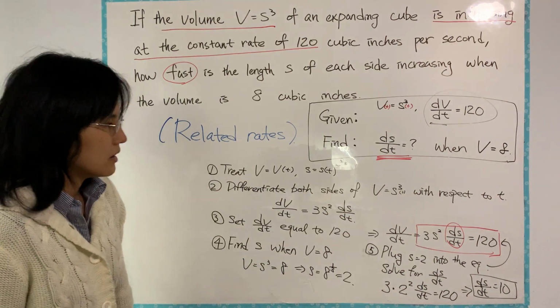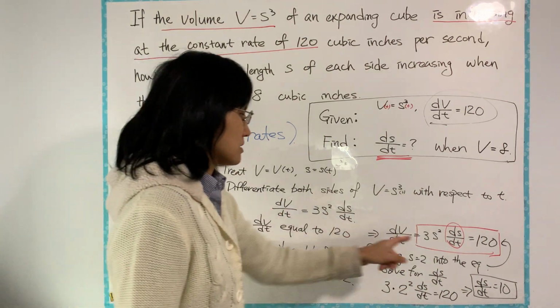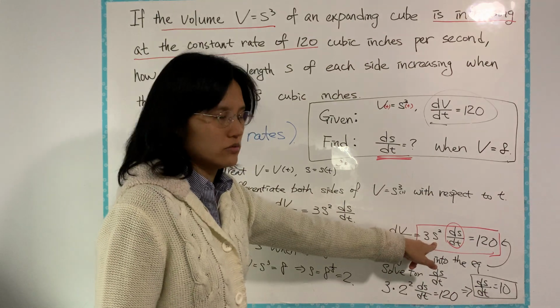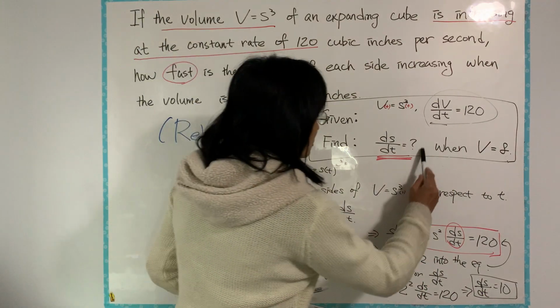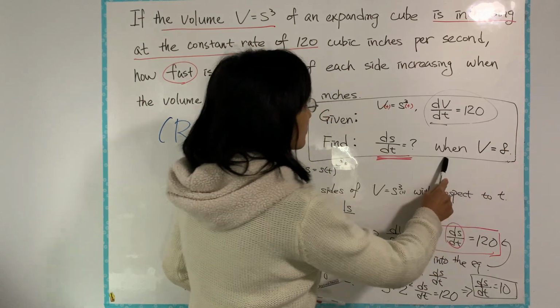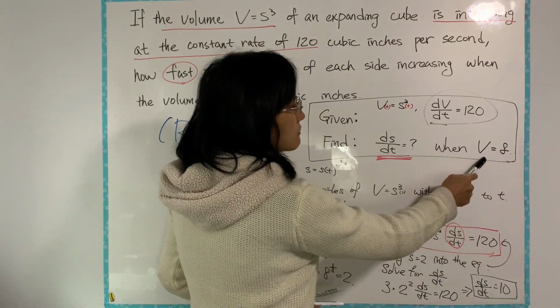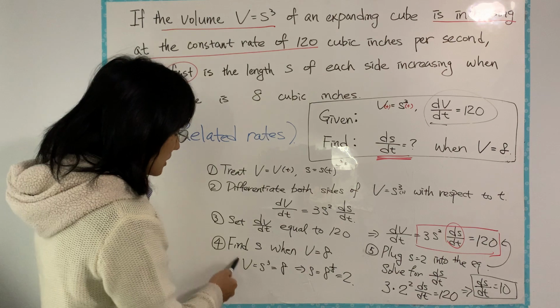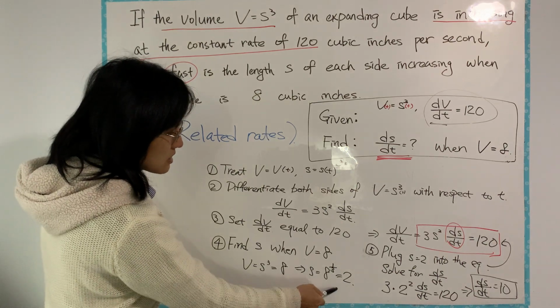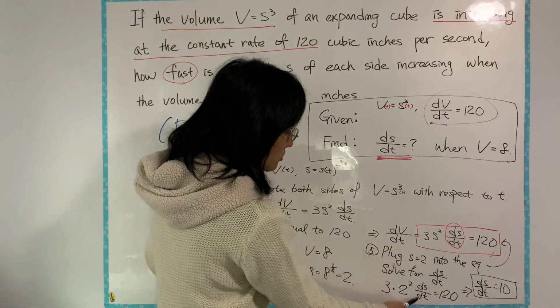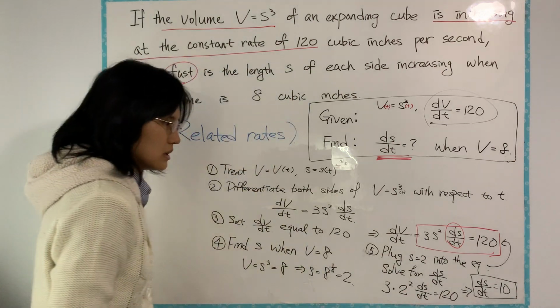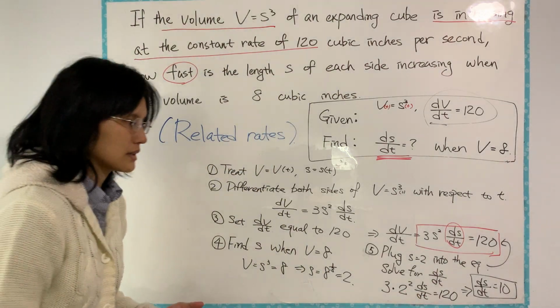But you still have a missing piece, that is the S value. So you use the last piece of information. You are looking for the derivative when V is equal to 8. When V is equal to 8, you realize S is equal to 2. Plug that 2 into the equation, you can easily find that dS/dt is equal to 10. So it's like this.